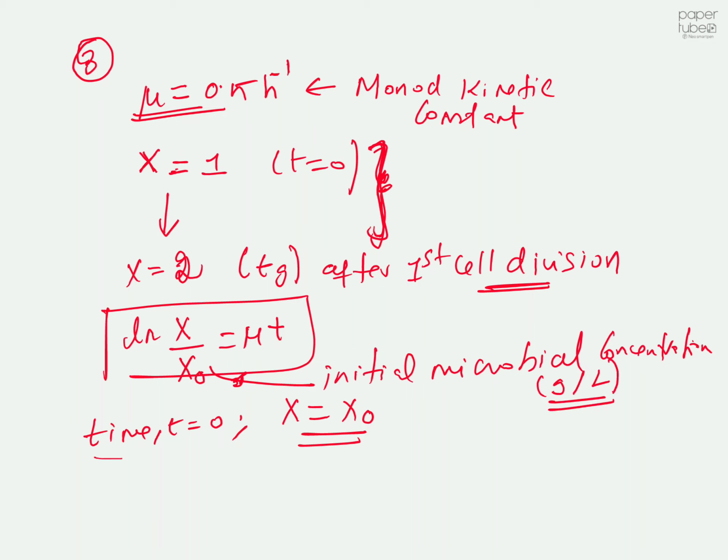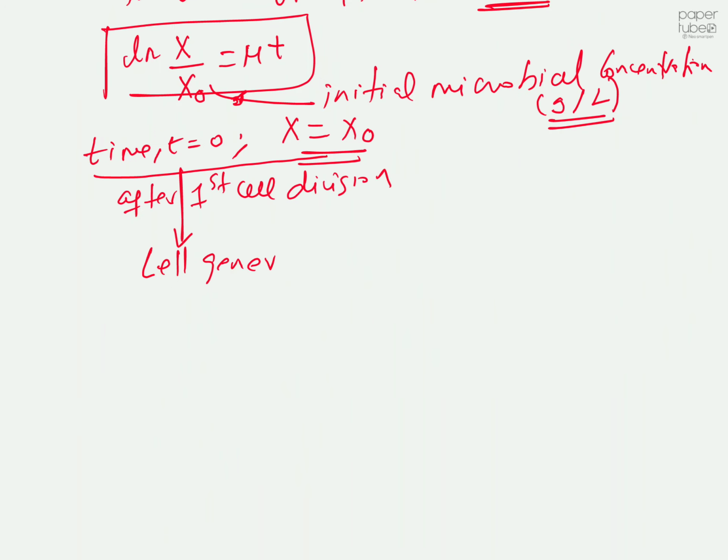So if time t equals 0, x is equal to x0. After the first cell division, or when time t reaches the cell generation time, which is the time required for the cell division to happen.